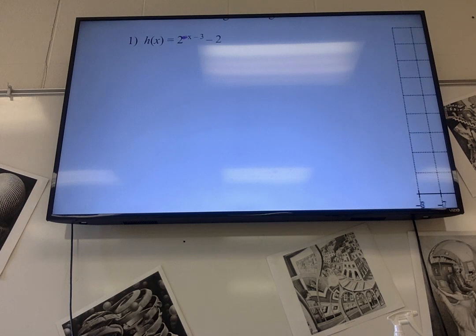Now, there's not one in front of the 2. So this one has a reflection how? We call that a y-axis reflection. So I only have one reflection.